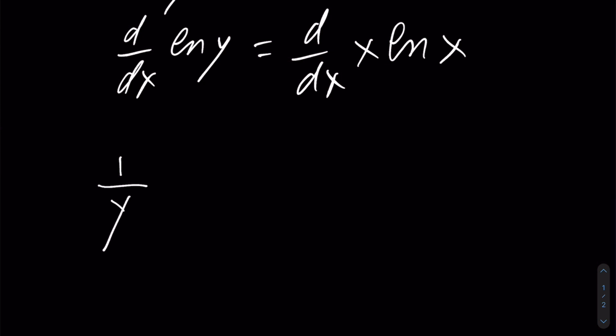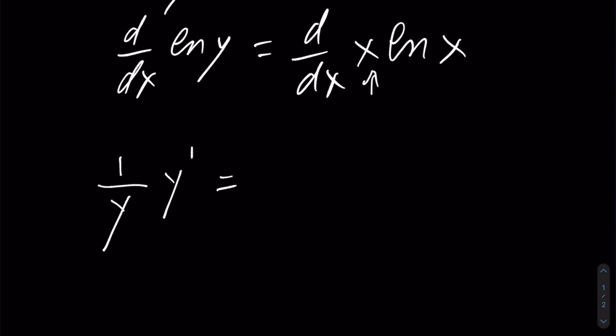but we have to use the chain rule in this case because y is a function in terms of x. So using the chain rule, times y prime, and that's equal to the derivative of the function x times ln x.